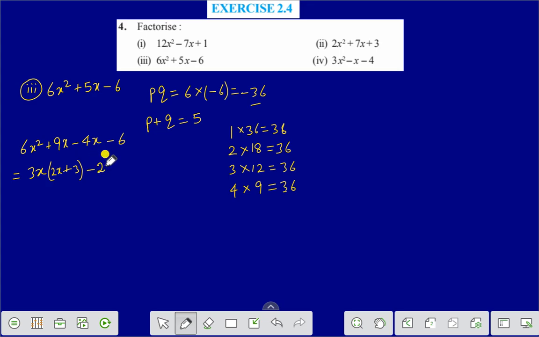Take minus 2 as common. Then 2x plus 3, and 2 3s are 6, minus into plus is minus. Therefore, we are getting 2x plus 3 into 3x minus 2. That is the answer of question number 3.